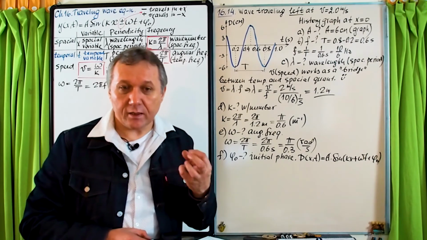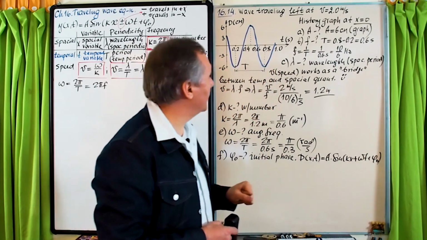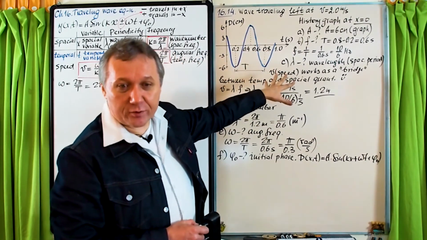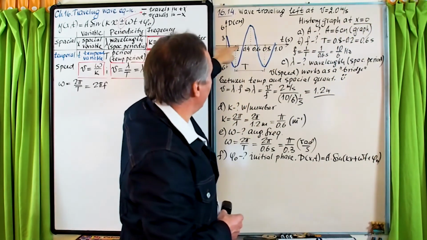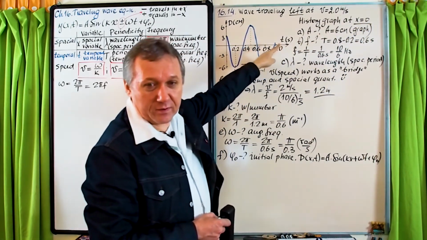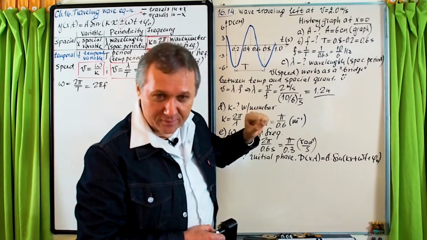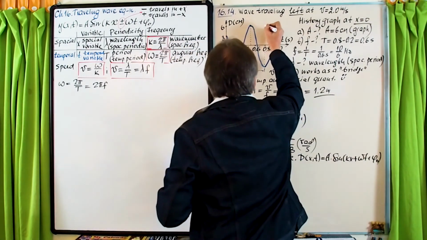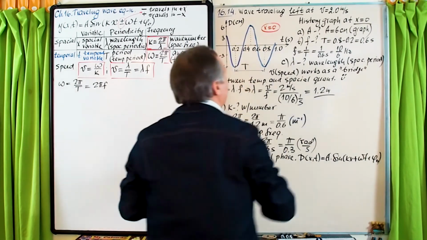So let's use the easiest x and the easiest time. This is the history graph, so if you take any moment of time, it's all at x equals 0. Let me emphasize that: here x equals 0.